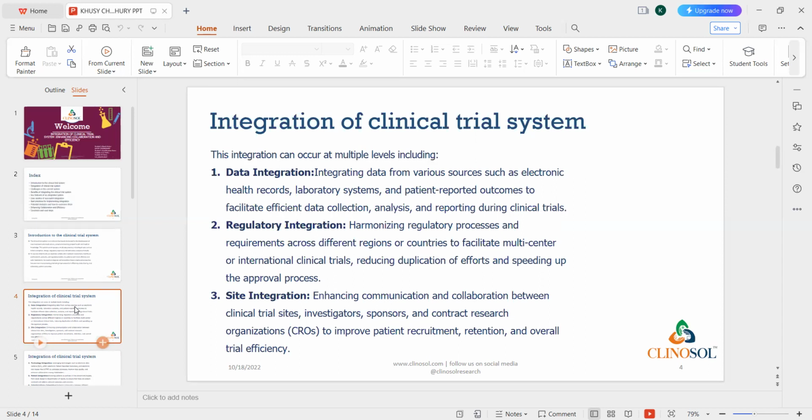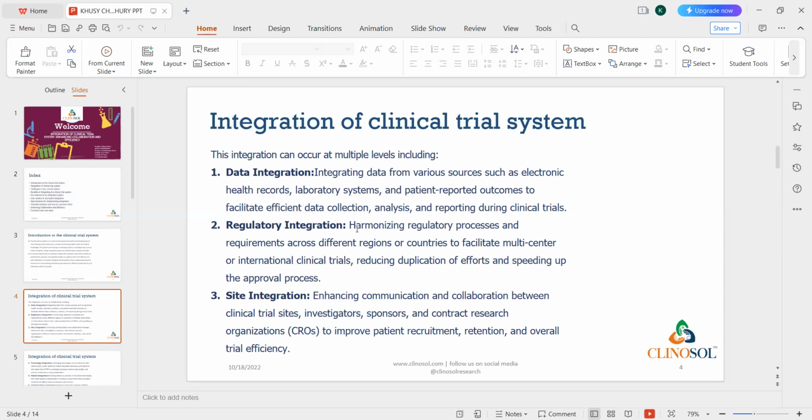This integration can occur at multiple levels, including data integration, regulatory integration, and site integration. Data integration: integrating data from various sources such as electronic health record, laboratory system and patient reported outcome facilitates efficient data collection, analysis, and reporting during the clinical trial.